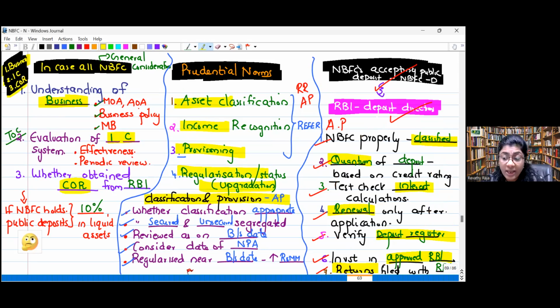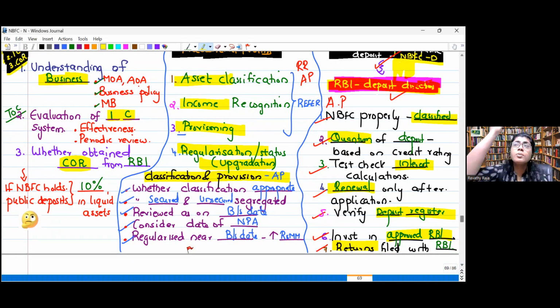Now, in case of NBFC D, meaning deposit taking NBFCs, specifically we have to check compliance with RBI directions. This is the case of any NBFC accepting deposit. And there was a flow. You remember? Whether the NBFC is properly classified as D, if it is classified, maximum quantum as per credit rating.